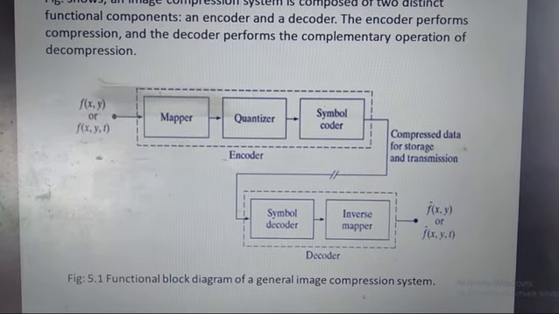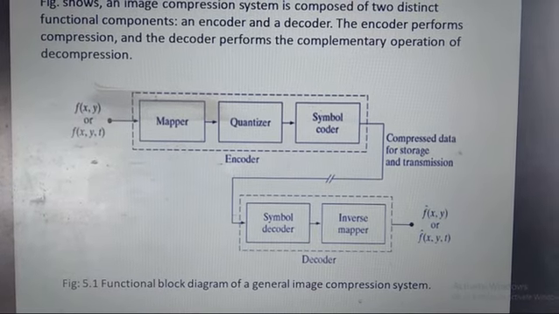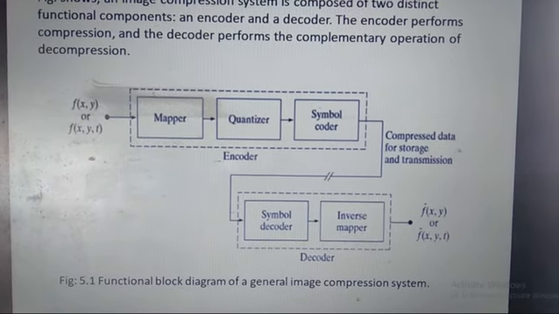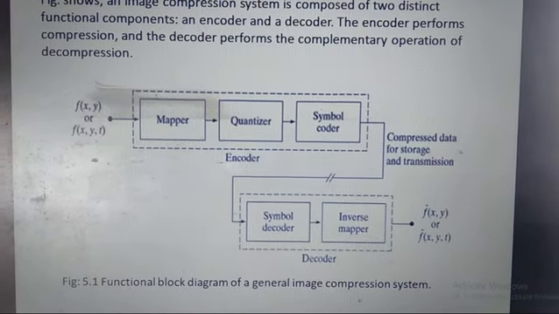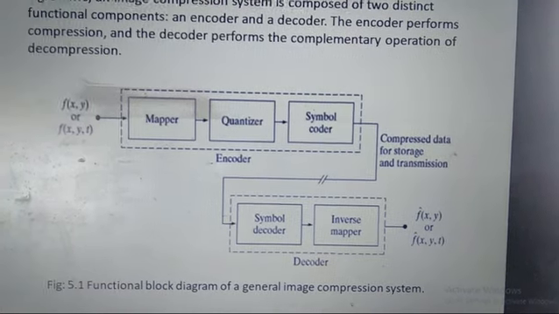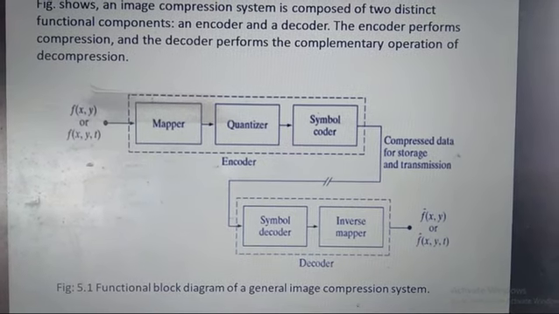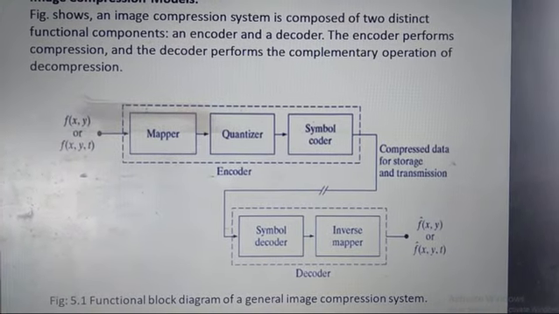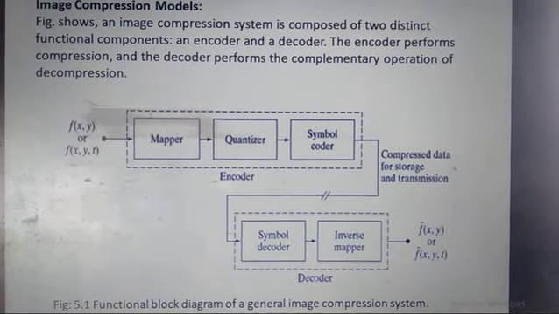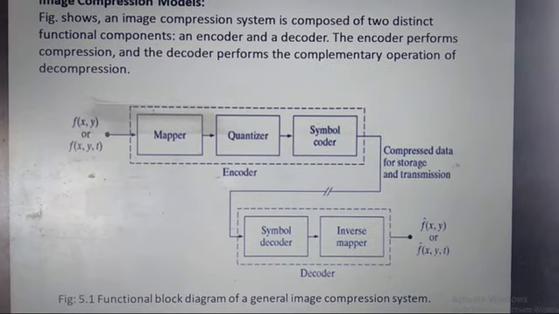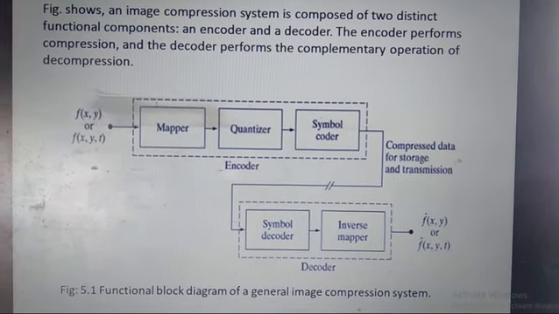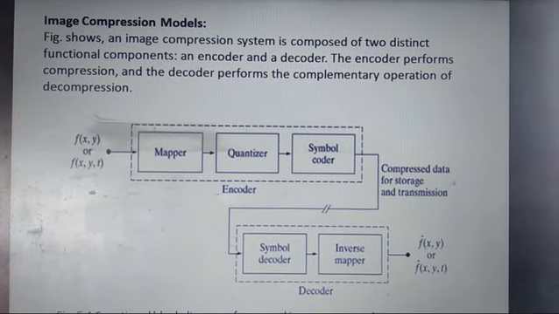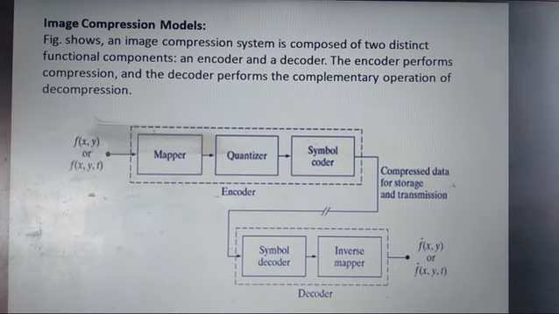In the figure, the input image is applied to the mapper, then the mapper output is given to the quantizer. The mapper will reduce some of the redundancy, then the quantizer level will be defined, and the symbol coder gives the code word length for that data, so that the input image f of x y is compressed at the end of the symbol coder.